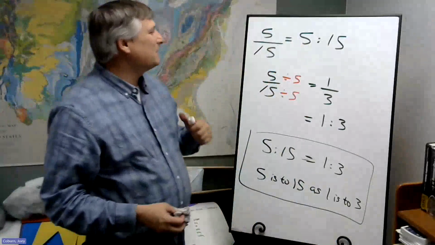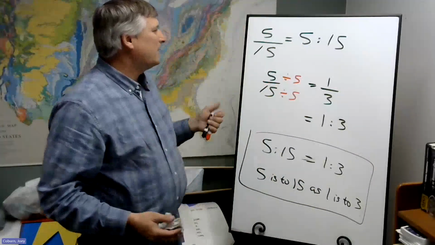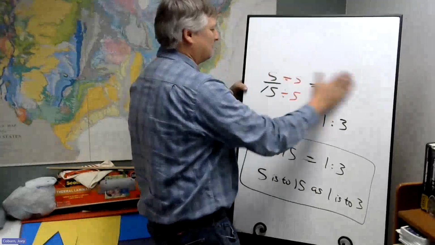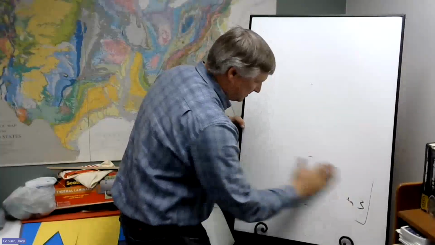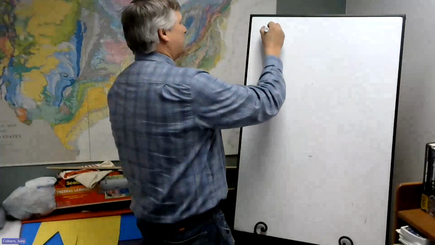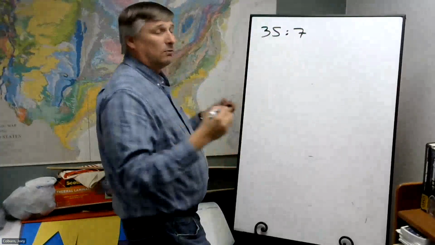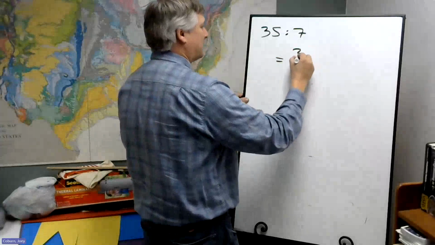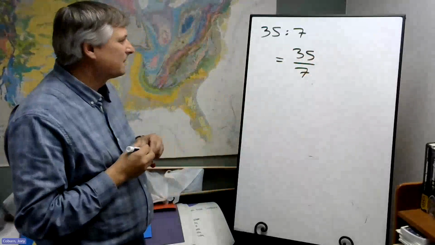So now again, with reducing these, they don't necessarily always reduce with, well, it depends on what you want to do. There's a little bit more to reducing these than, say, with fractions. Let me show you what. Say you have 35 to 7. Well, we can make this into the fraction 35 over 7, or fraction-like ratio.